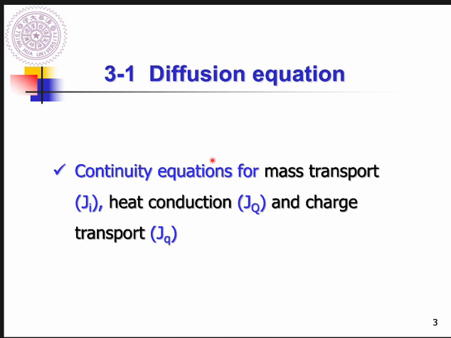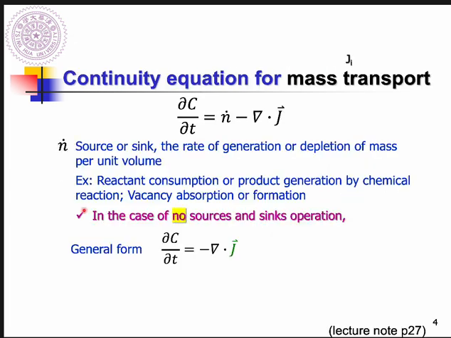We're starting from the continuity equation for mass transport, right? If you want to know about the temperature and the electrical potential, you can also use the continuity equation for heat transport and charge transport. But we're starting from the one you're familiar with, mass transport.